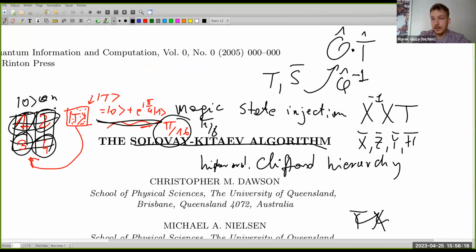That's one idea. So this Solovay-Kitaev algorithm gives you the answer of how to, for example, find a specific operation that you want to correct.